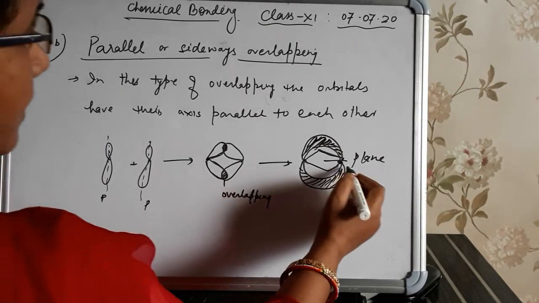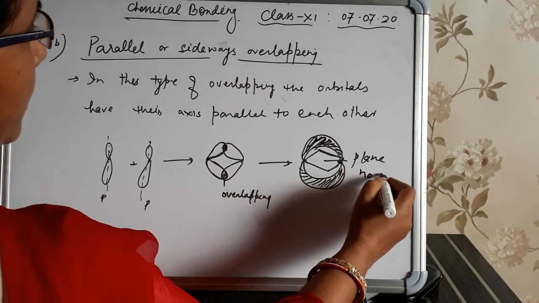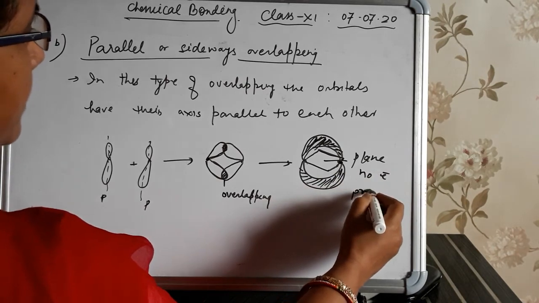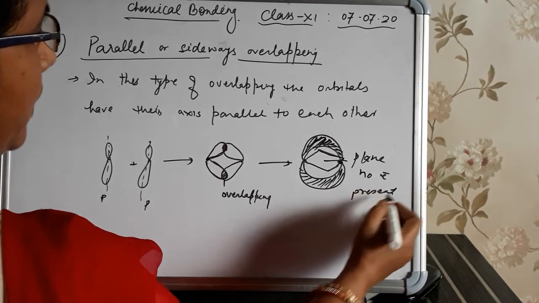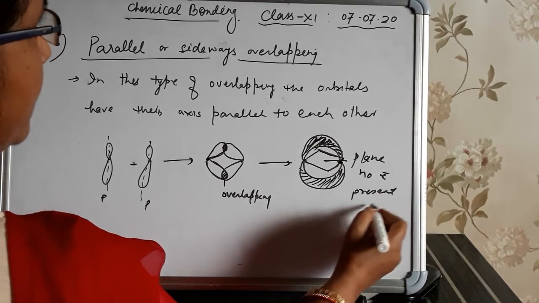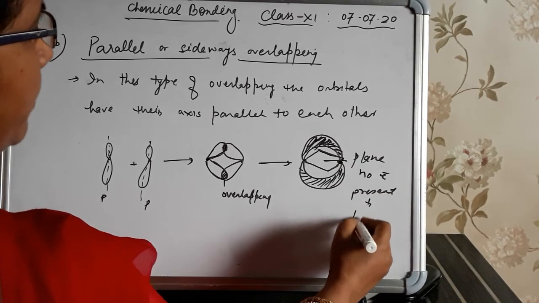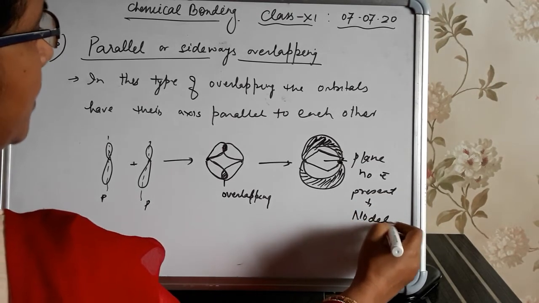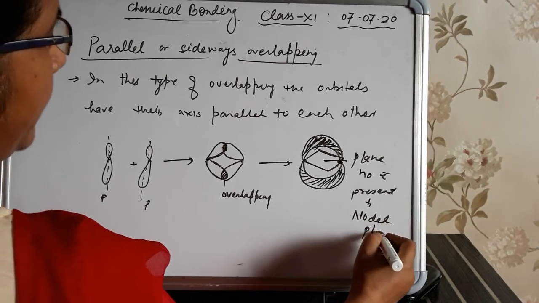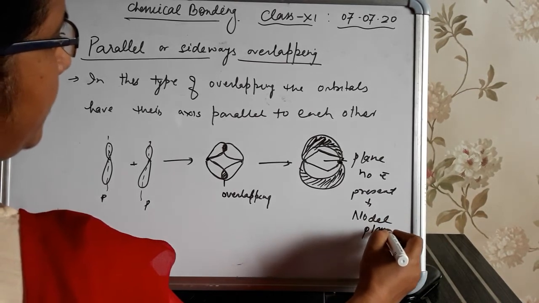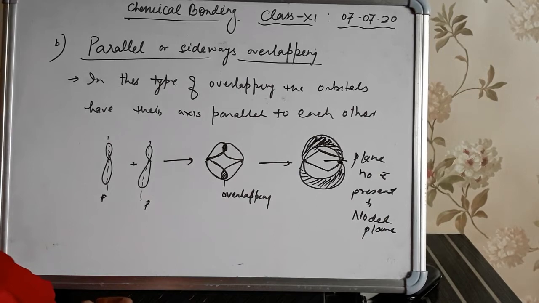And this is the area where no electron is present. So students, you already know about this. This area is known as the nodal plane, where no electron density is present.